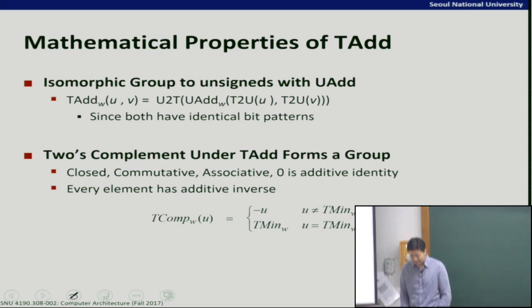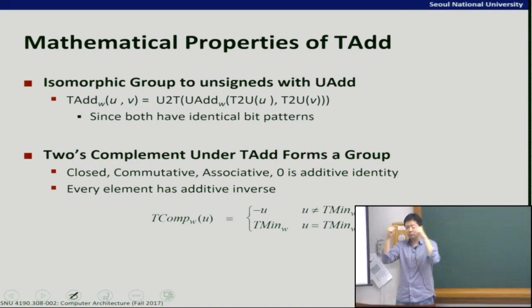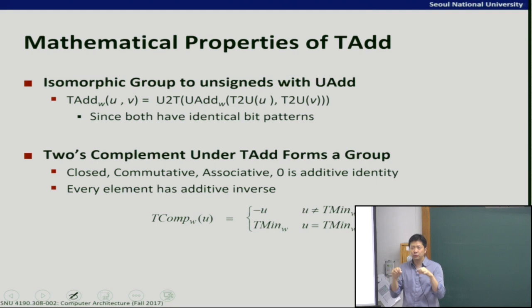What about T-add? By the way, T-add actually forms an isomorphic group to unsigned add. What it means is that let's say you have 2 sets or 2 groups, and you can define an operator that sets up a one-to-one correspondence between the elements within these 2 groups, then that's called isomorphic.